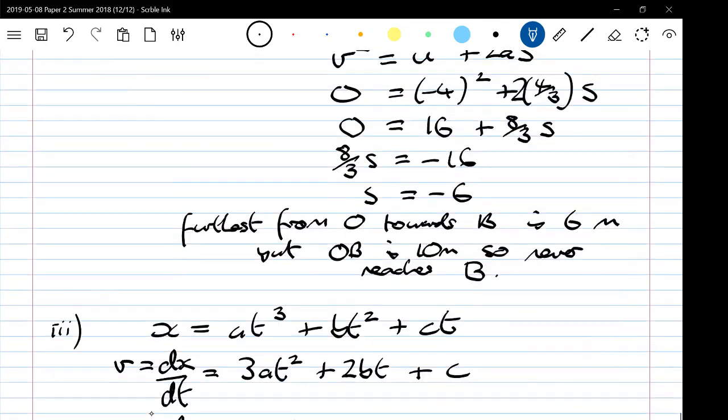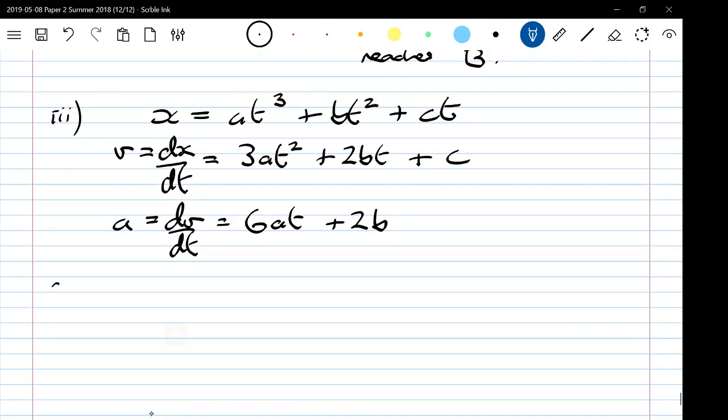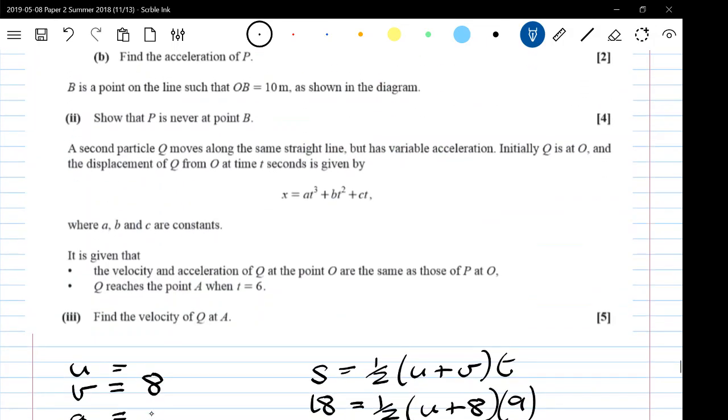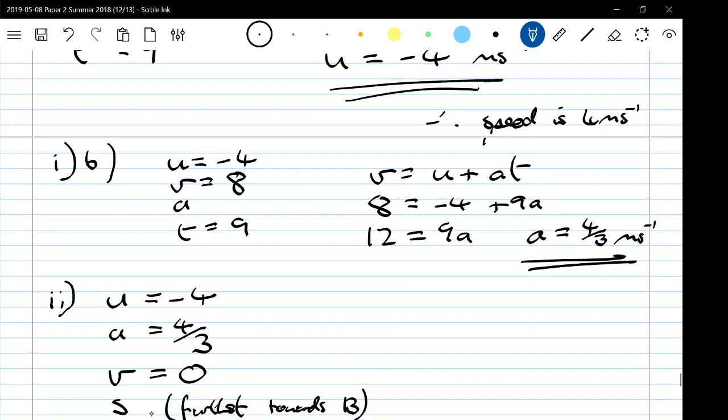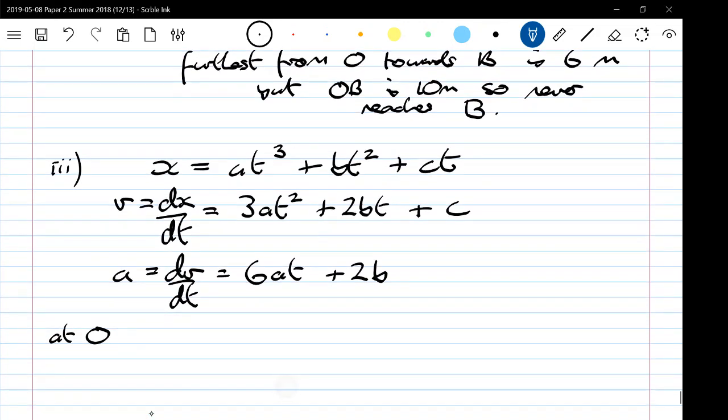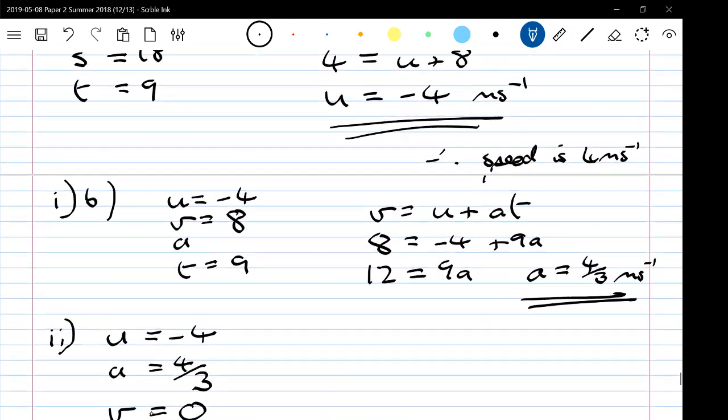So the question said that the velocity and acceleration of Q at the point O were the same. Right, oh well that's good. So at O, that's when we begin. Presumably that means initially, but that's not entirely clear, is it? So when we begin, the acceleration, so that's when t is 0, is got to be, what was it at the start? 4/3.